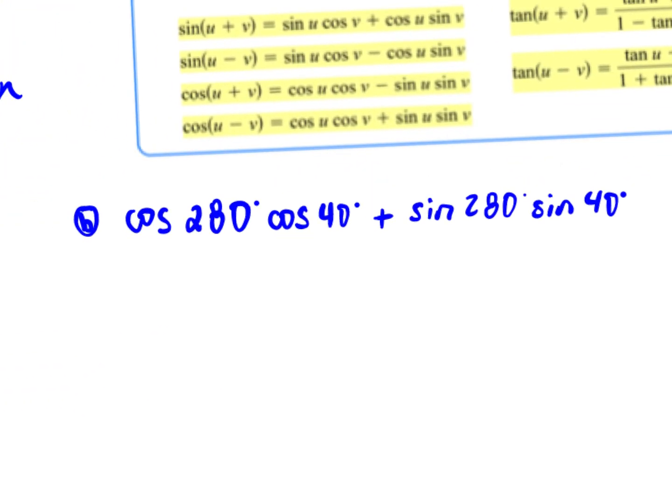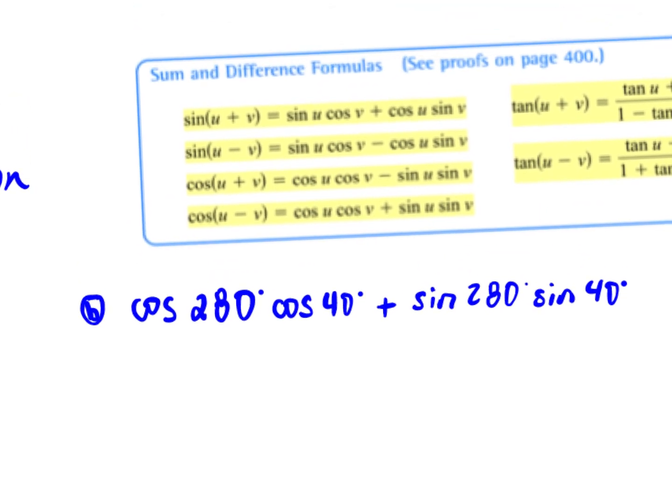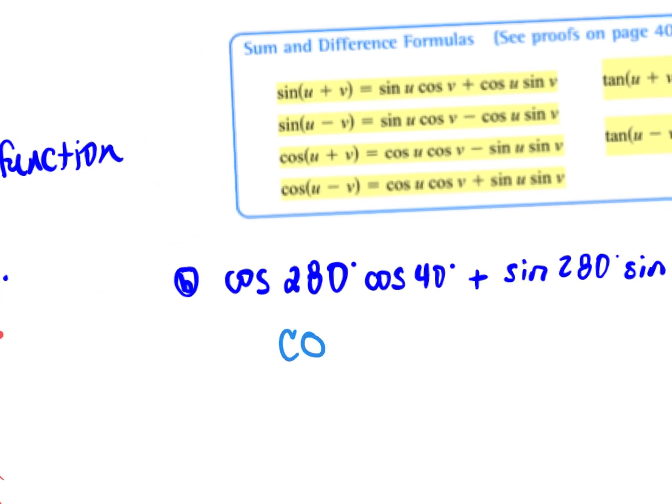What formula? First of all, I know right away it's not what? Not tangent, because it doesn't say tangent. But what formula says cosine, cosine, plus sine, sine? Cosine, cosine, plus sine, sine. It's the last one. It's cosine of what? U minus V. Remember, the cosine one is a little tricky, so just be careful.